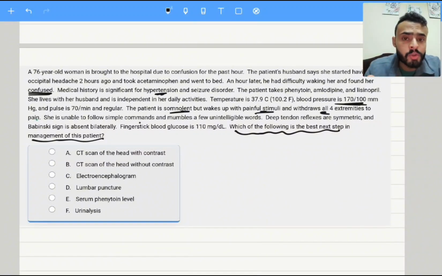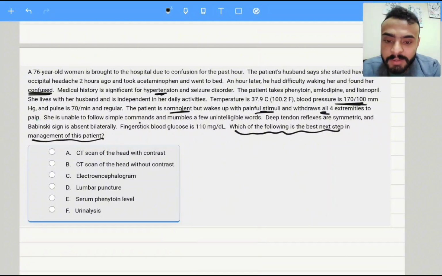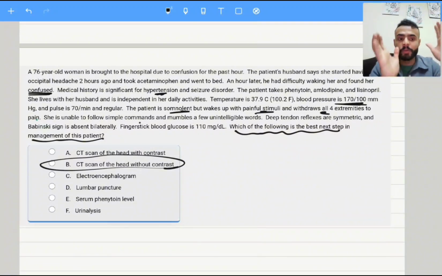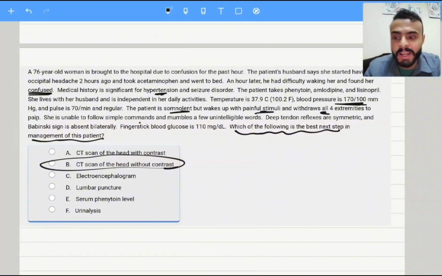Could be ischemic stroke, could be hemorrhagic stroke, we do not know. So next step is what? Non-contrast CT scan of the head. If hemorrhage, as we said, reverse the bleeding, decrease the intracranial pressure, decrease the patient's blood pressure. If ischemic, thrombolytics, decrease the blood pressure. Look for the cause of the thrombi and correct it.